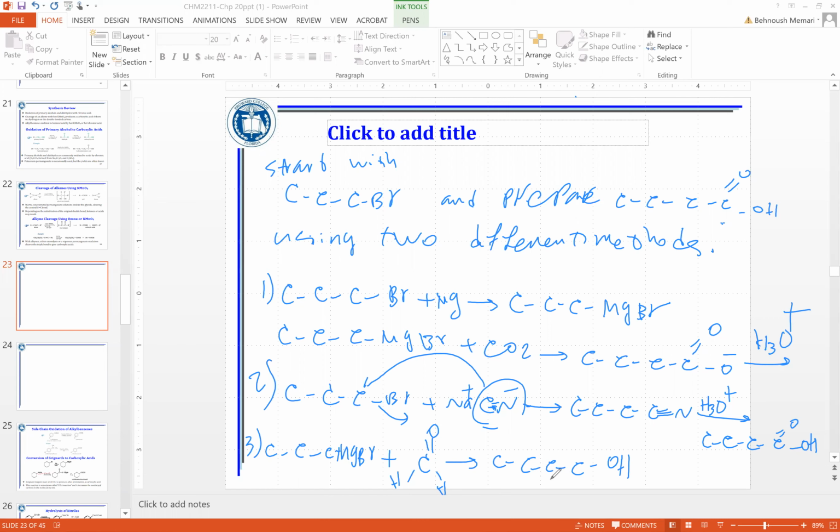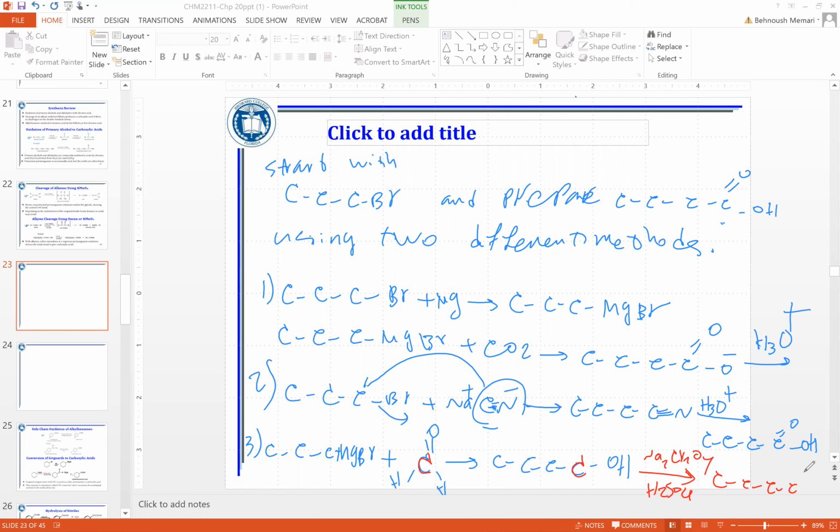So RX, or alkyl halide, to Grignard, plus formaldehyde, gives you a primary alcohol with 1 extra carbon. So basically you're adding this carbon. Okay. And then to this primary alcohol, if you add sodium dichromate, it would change to carboxylic acid.